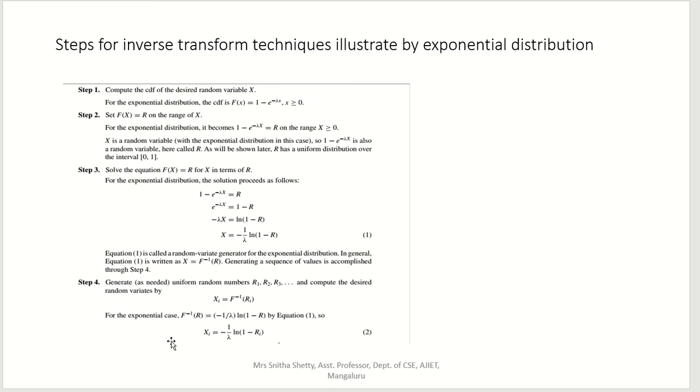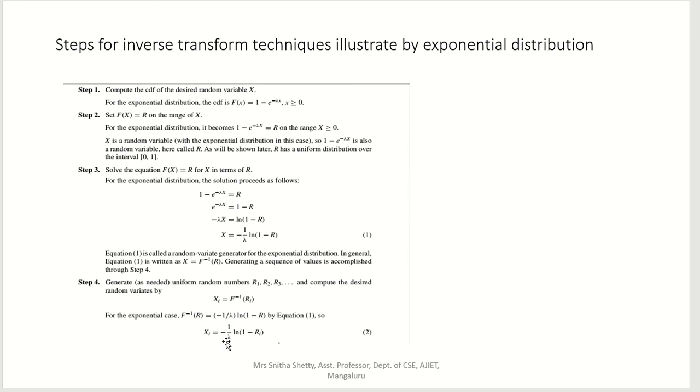Step 4: generate the uniform random numbers as needed. For example, if they give r1, r2 and r3, you can generate 3 random variates corresponding to x1, x2, x3. Now x is equal to minus 1 by lambda ln 1 minus r. So if I know ri, I can generate xi.